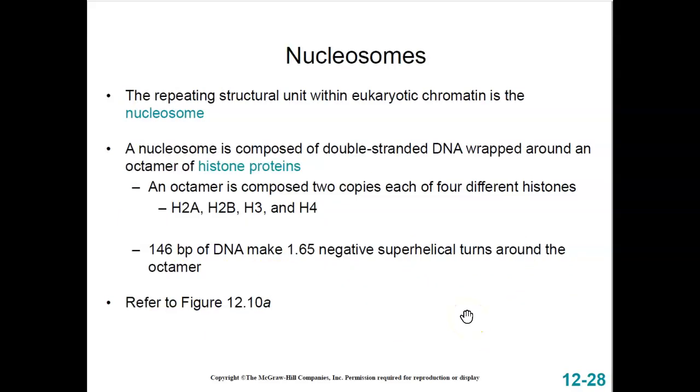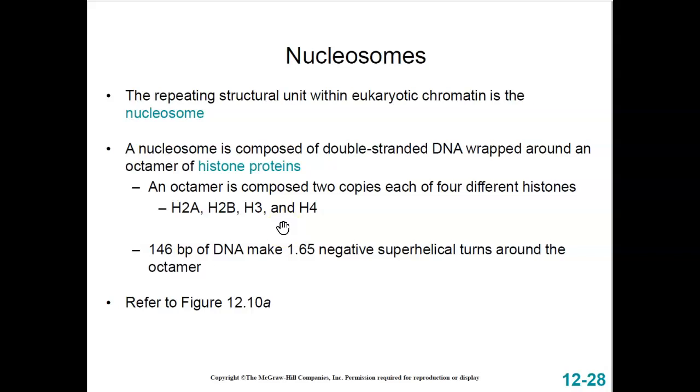Histone proteins come in a few different flavors, all right? We have the H2A, H2B, H3, and H4. When the histones interact and form what we call a histone octamer, DNA is able to wrap around the octamer like string around a spool of thread, or the thread wrapping around the spool.